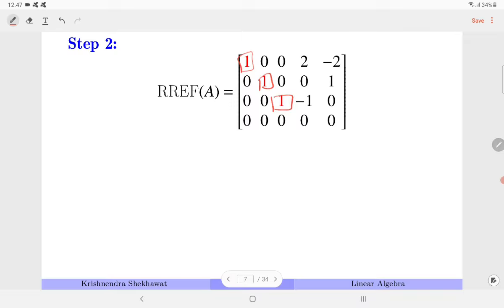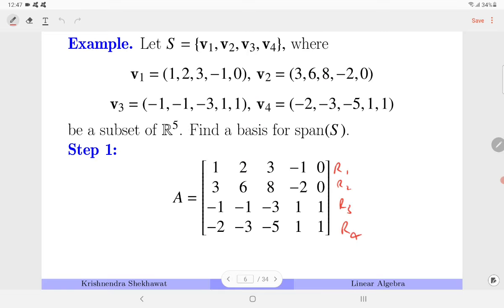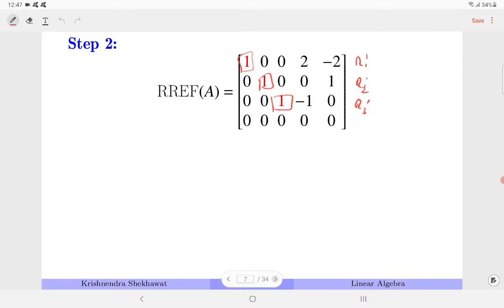Let's say they are R1 dash, R2 dash and R3 dash. So the basis for span S is R1 dash, R2 dash, R3 dash.